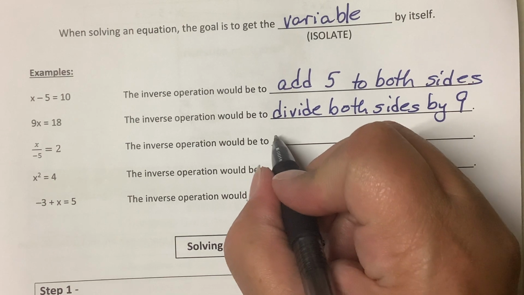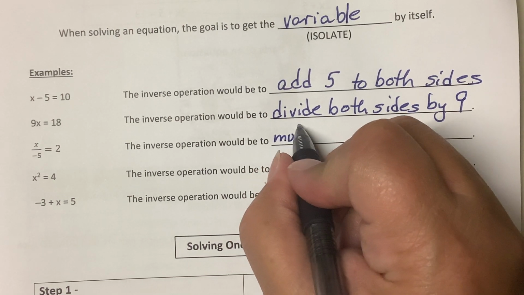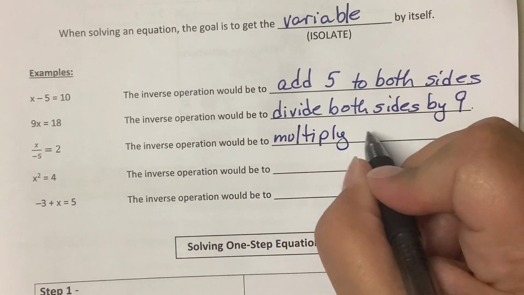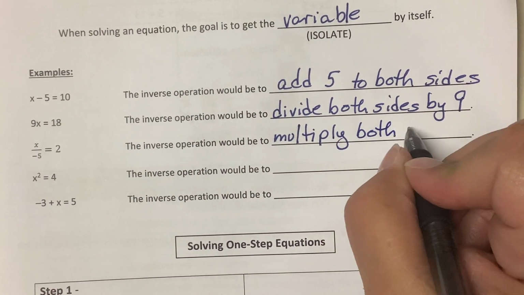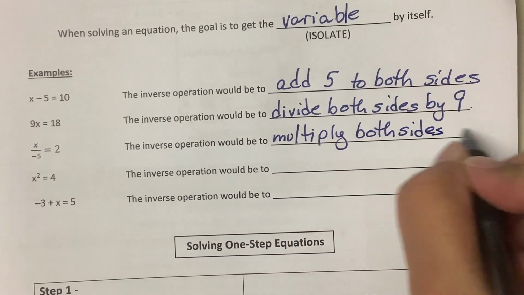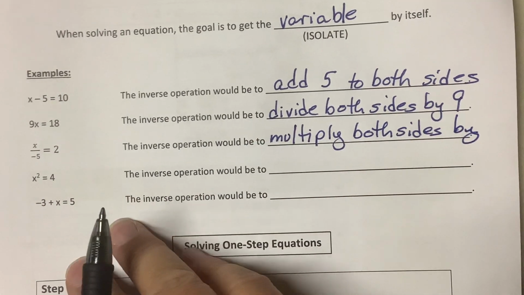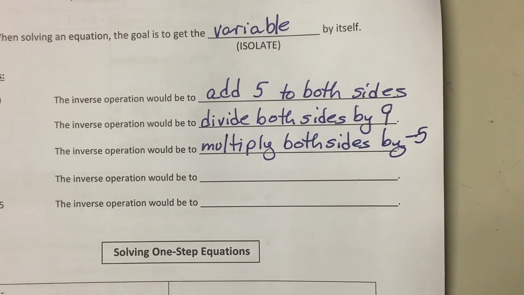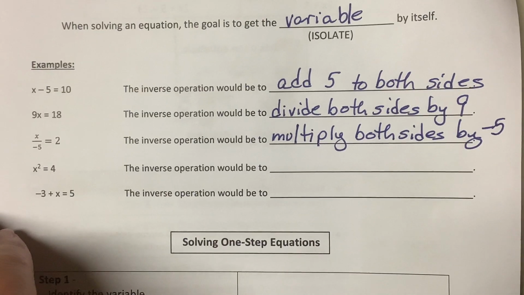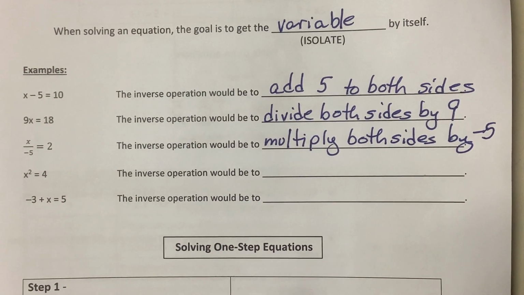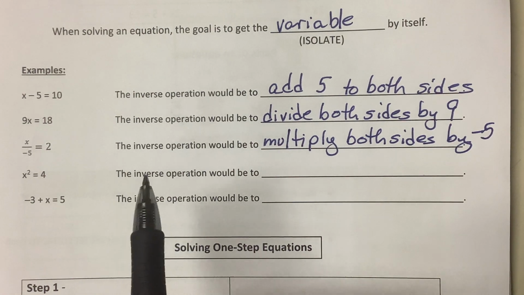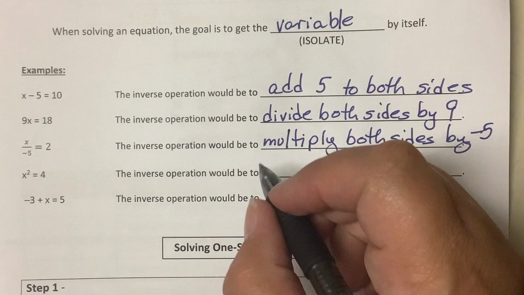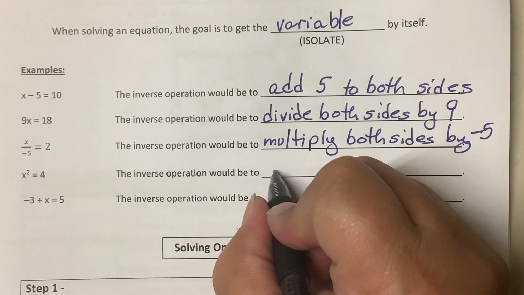The inverse operation would be multiply both sides by negative 5. Oh, look at this. It says x squared. The inverse of x squared is to do a square root. To undo a square, you do a square root. So the inverse operation would be to square root both sides.